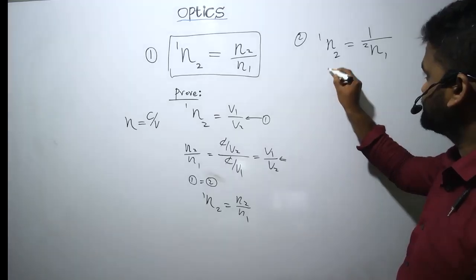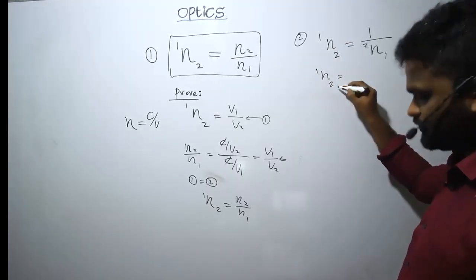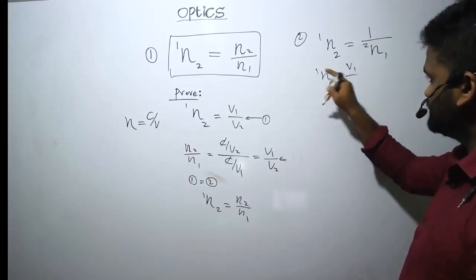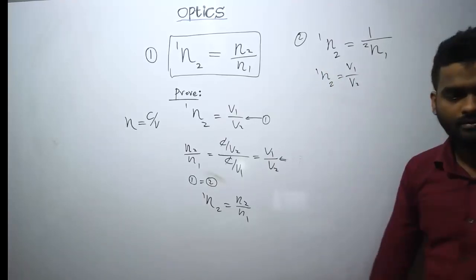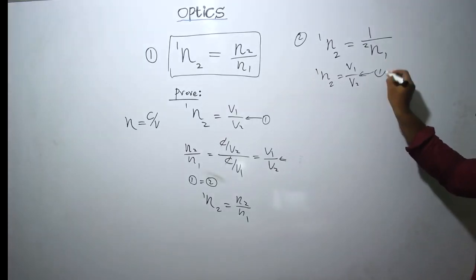Right. So if I take this side, N12 means what? V1 divided by V2. So that's the first equation.